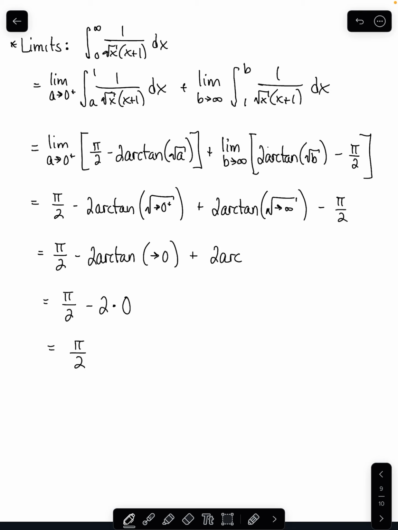So that we have here 2 times the arctangent of something that is simply getting bigger and bigger. As the input value approaches infinity, the arctangent will approach pi over 2. Thus, the second integral also converges.